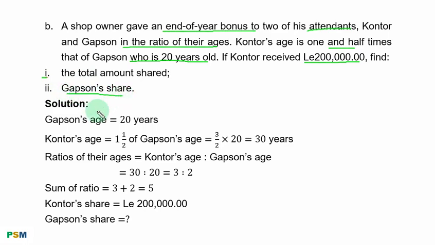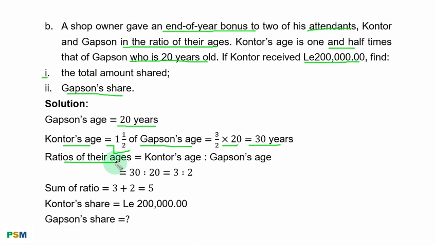Solution. From the question, Gibson's age is 20 years. Konto's age is 1.5 of Gibson's age. That is 3/2 times 20 equal to 30 years. Ratios of their ages. The name mentioned first in the question comes first.